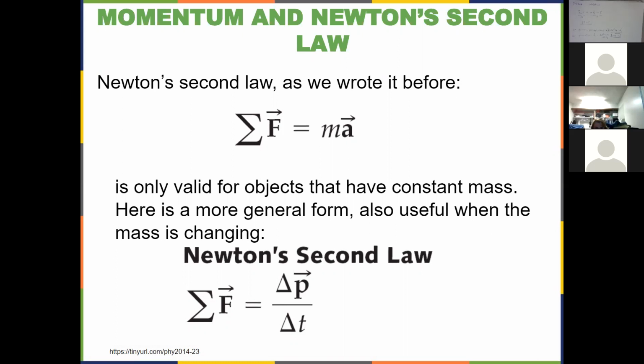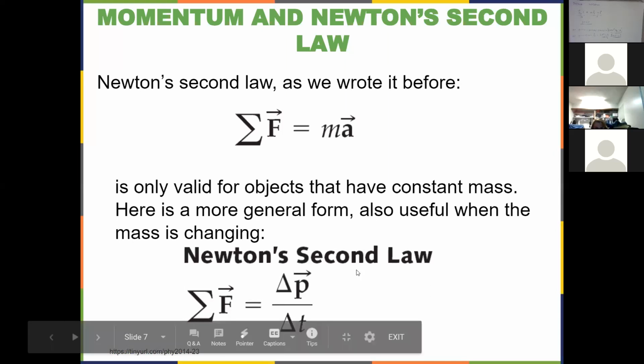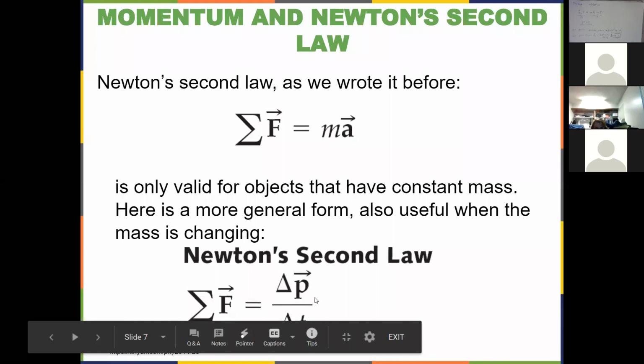So the mass of the rocket actually changes over time, and that change of mass contributes to part of the change of momentum. That's the major factor that gives the net force for the rocket to go into the air. We'll go back to that at the end of this chapter. But in that scenario, the mass does change.